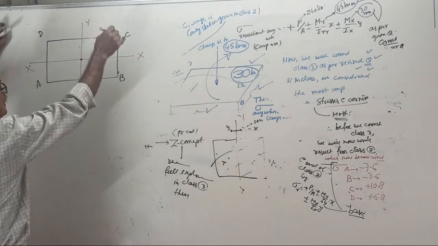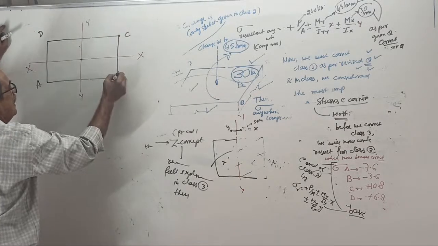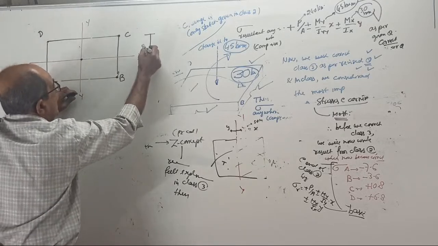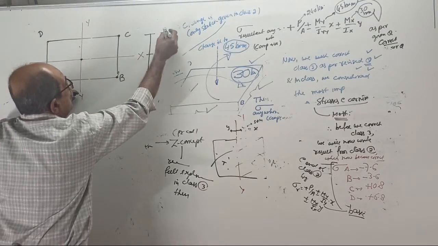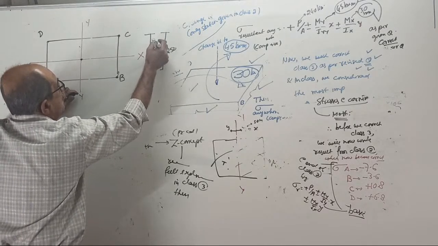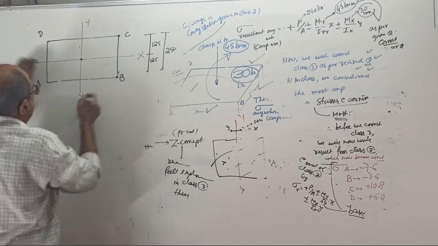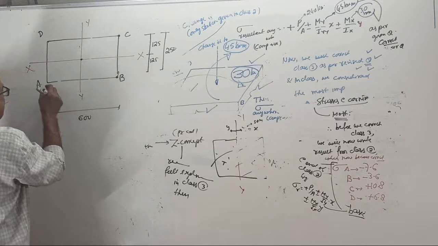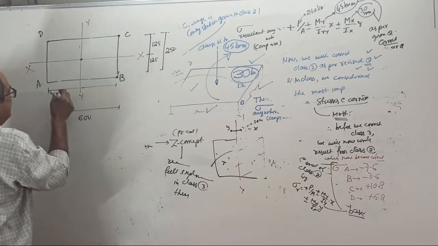Now, we want only corner pressure. This full distance is 250 millimeter, so these two are 125 and 125. This full distance is 600 millimeter, therefore these two are each 300.